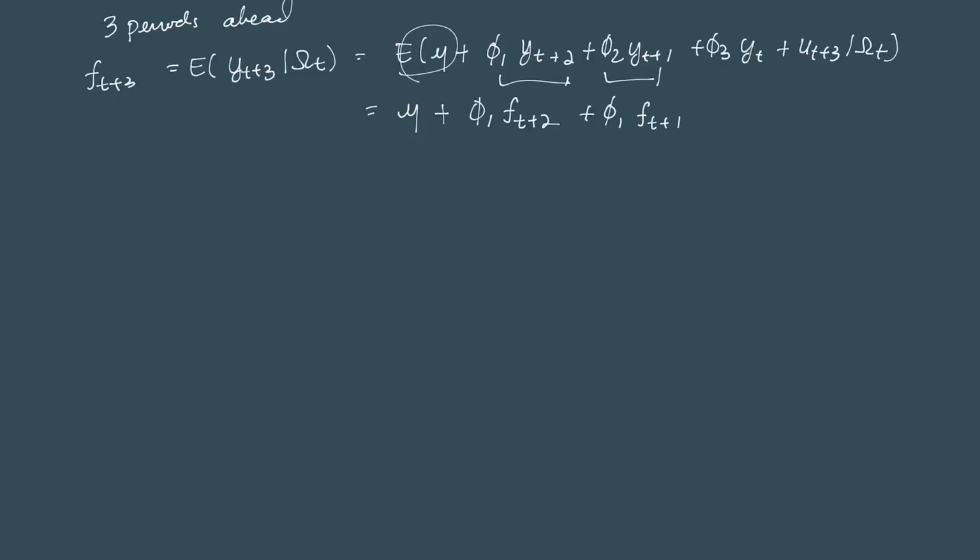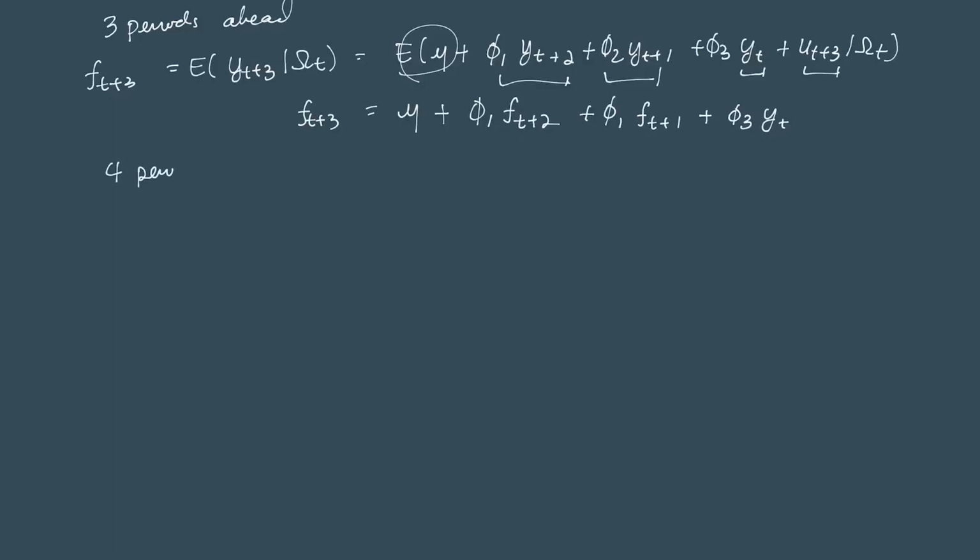The conditional expectation of yt plus 1 conditional on everything you know at time t is our forecast 1 period ahead, ft plus 1. We computed that earlier. And of course we know yt at time t, so that's phi 3 yt. The mean of ut plus 3 is 0. So this is our forecast 3 periods from now, ft plus 3.